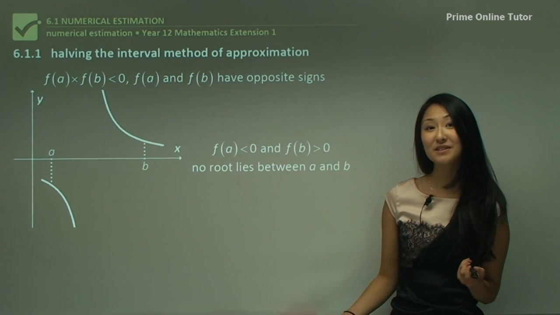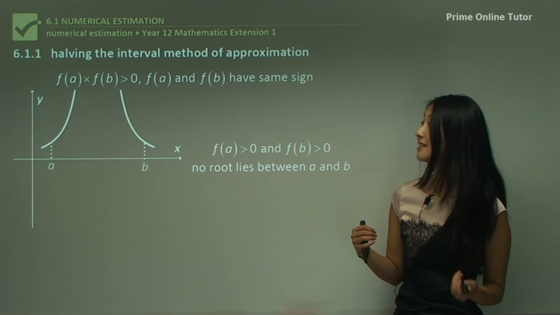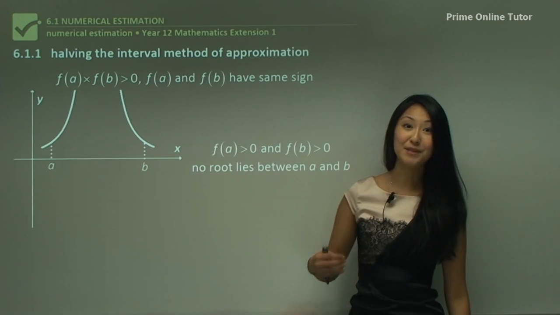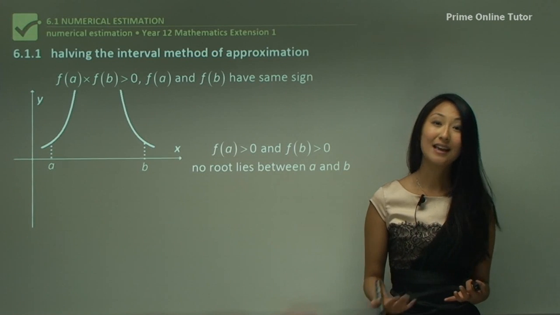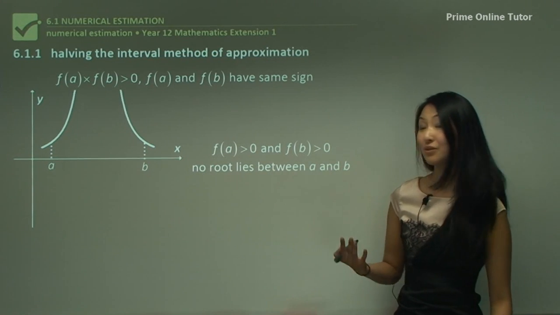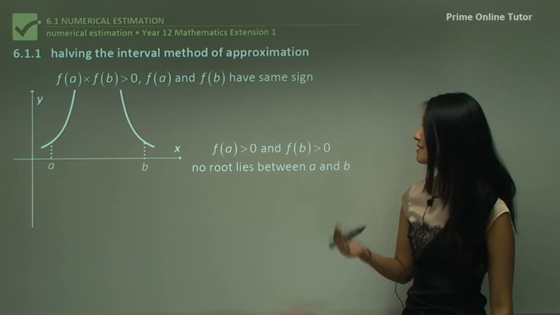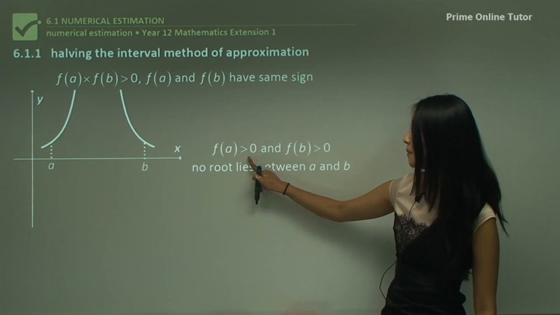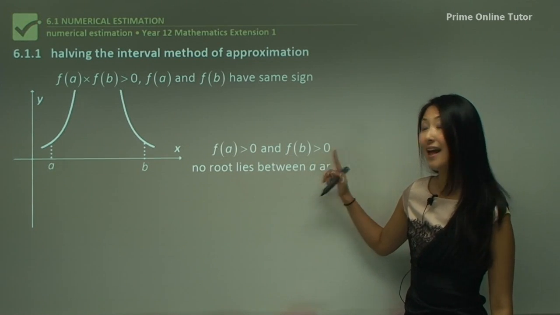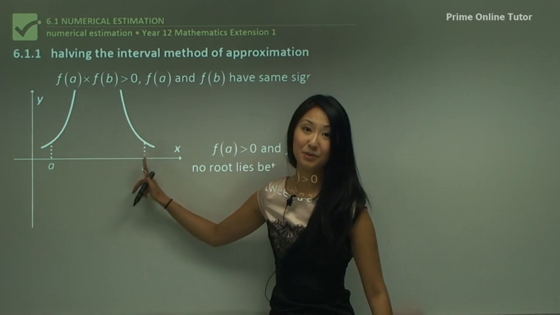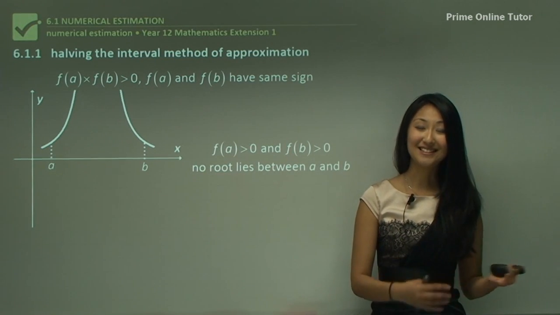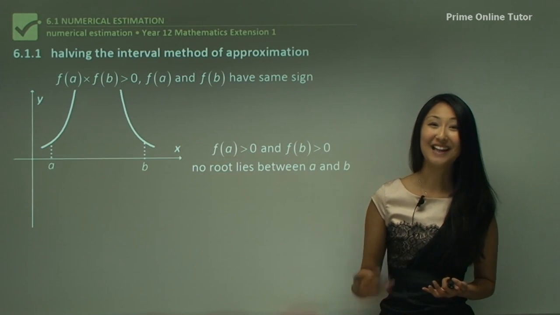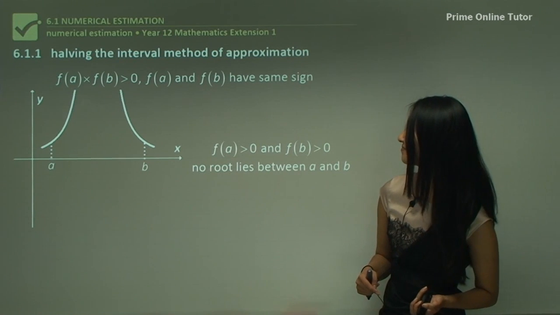Okay, so we've just gone through all the ones with opposite signs. Now I want to have a look at what happens when things have the same sign. Part of the halving the interval method is we assume that when 2 values have the same sign, so for example here, A is positive and B is positive, that no root is going to lie between them. So we try and assume that. But as with our opposite signs, there's going to be some limitations to that, and that's what I'm going to show you now.